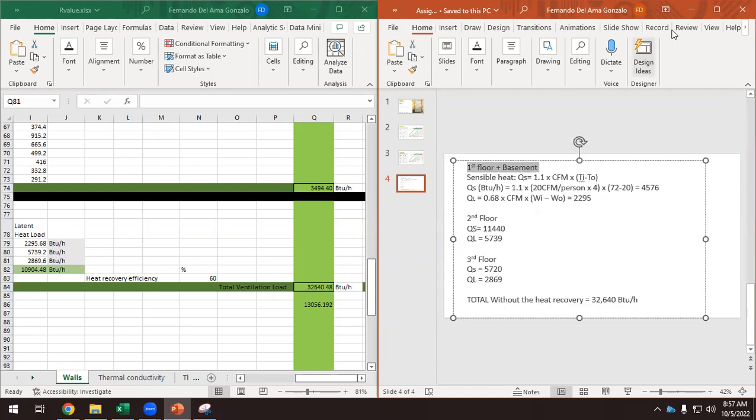Okay, so we have the first floor and the basement, the second floor, and the third floor. We have sensible and latent for the first, the second, and the third floor. I add everything up, and that's the total without the heat recovery.